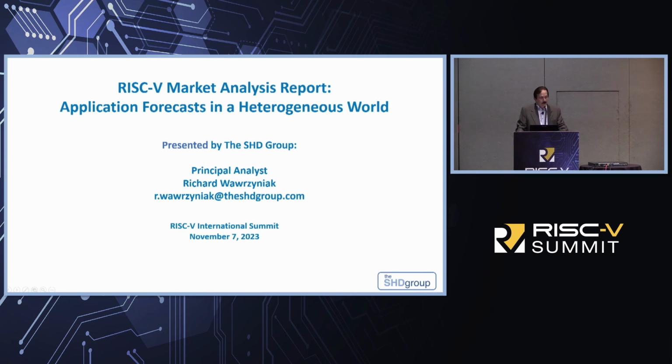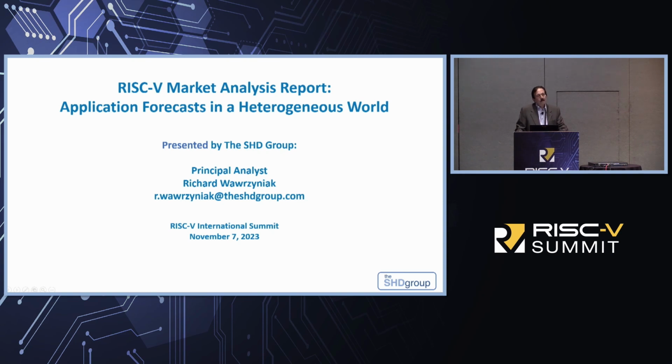And going forward, the silicon is going to share many different CPU types from many different vendors, hence the heterogeneous title. And also, we wanted to segment this report differently from other research that's been done by others previously.